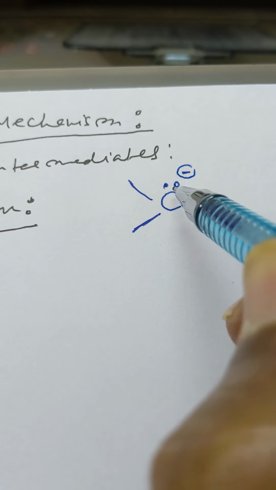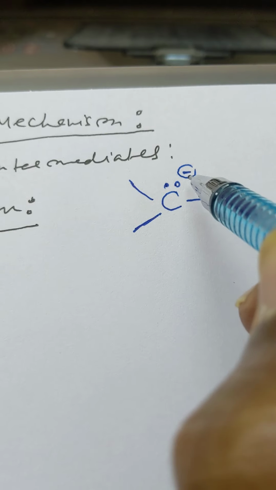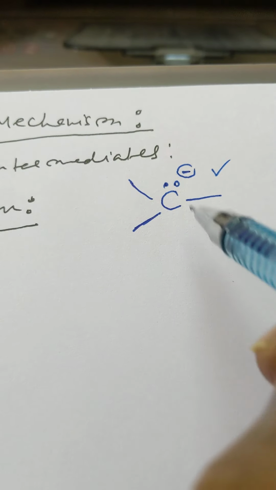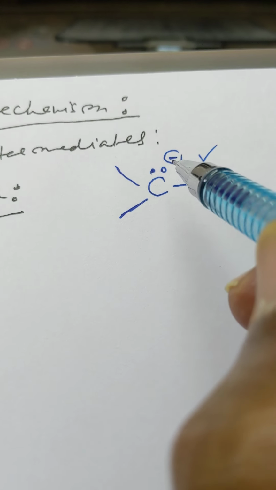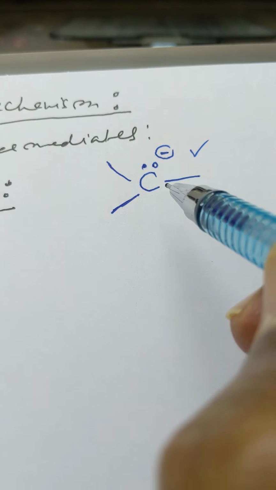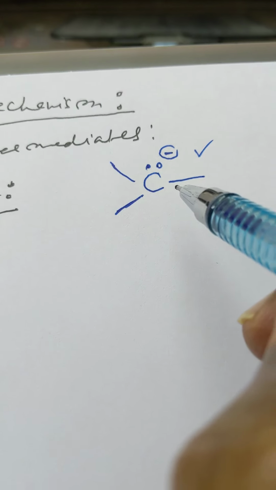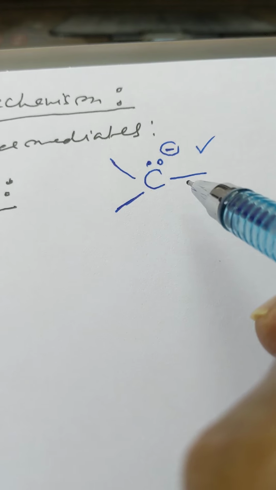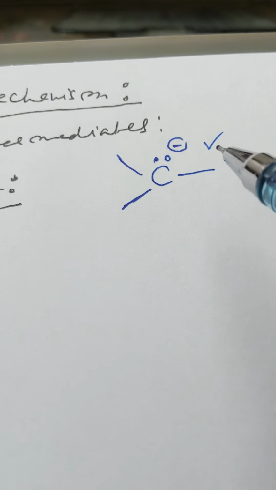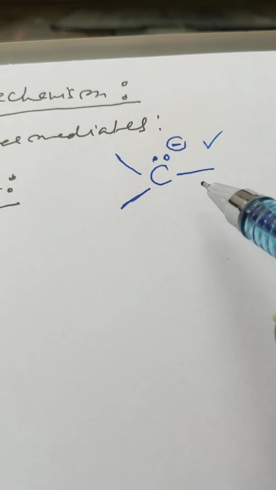Count is 1, 2, 3 to 5. Carbon is having 5 electron with it, and hence it is a negatively charged species. Now this type of species is a carbanion, that is, carbon atom with 3 bonds and an unshared electron pair is called carbanion. Hence it is an electron rich species.